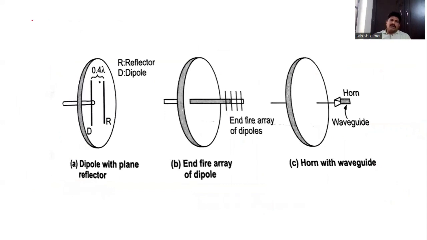I have already told you the various forms of feeding techniques for any reflector. For a parabolic reflector, you can use a primary antenna. The primary antenna for any reflector antenna may be a horn antenna, a group of dipoles, or a single dipole.